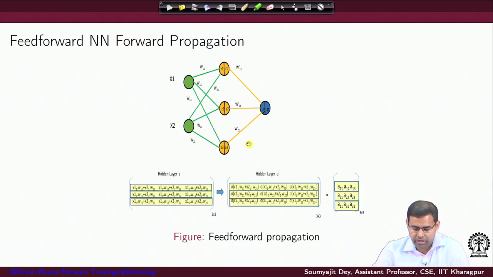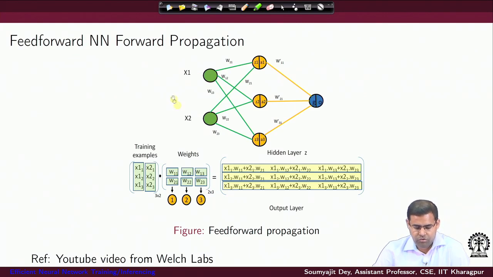So, again, let me repeat what we just did. We have these training examples getting multiplied by the weights, right. As you can see, since we are considering this two-input system, x1 and x2, we have weights arranged like this. This is how one instance of the training examples will get propagated, right.